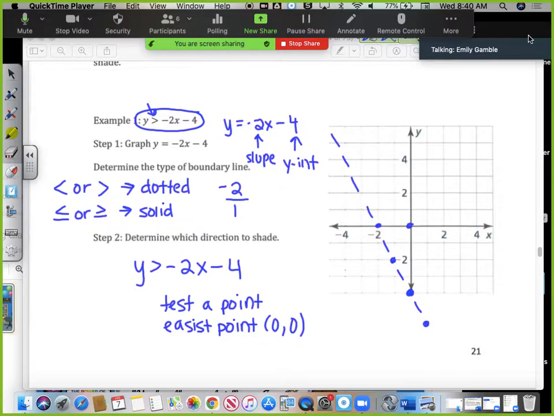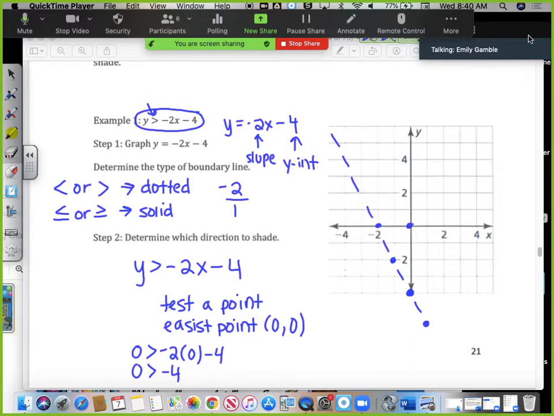The reason why 0, 0 is the easiest point is because if I replace in 0 for y and 0 for x, everything turns to 0. This would say instead of y is greater than, it'll say 0 is greater than. And -2 times 0 is just 0. So that whole thing goes away, and you're just left with 0 is greater than -4.